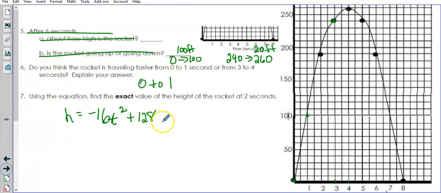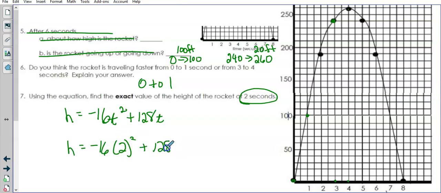Well, they've given you the time. They've given you the 2 seconds. So you would just plug in that number for t here. So h equals negative 16 times 2 squared plus 128 times 2. So just do the math. I didn't figure it out. You do the math and fill that part in.